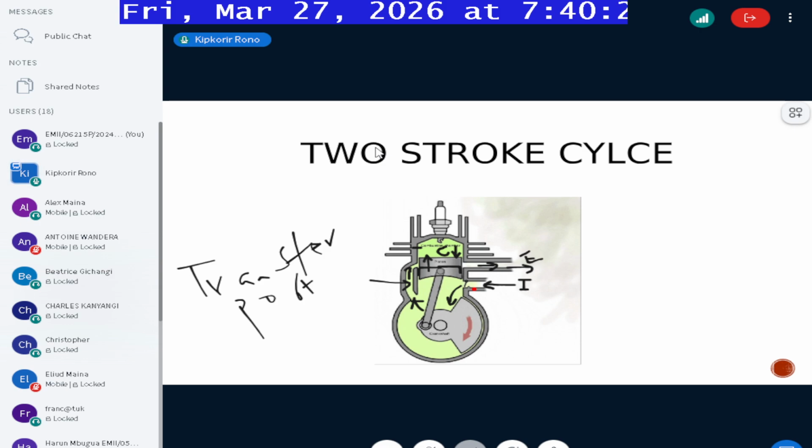You can read more in your notes and you'll be able to understand. You'll also see the animation. Once you play the animation, you'll be able to see the way it functions. Now, one of the main disadvantages of the two-stroke cycle is that there are very high chances of air and fuel mixing with the products of combustion. So the scavenging process is not very good here.